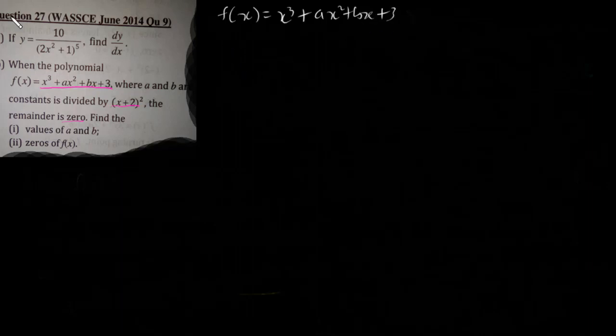Alright, so let me document what I'm doing now. We began with a function. There was a certain function that we wrote down initially, and we were told that x plus 2 is a factor, but we also knew that x plus 2 raised to the power 2 equals x plus 2 times x plus 2.